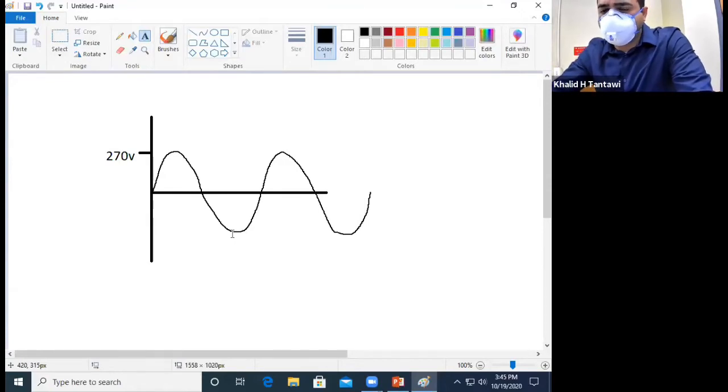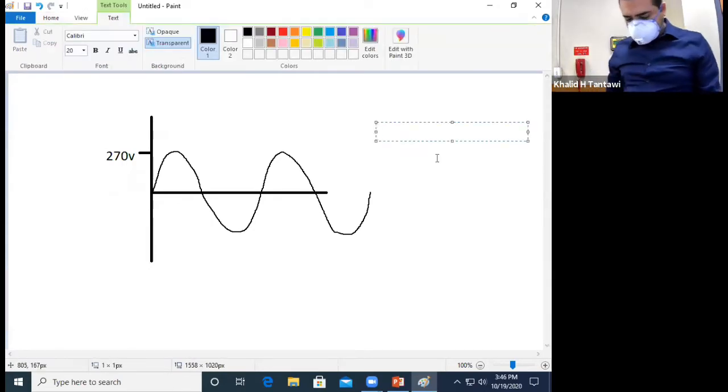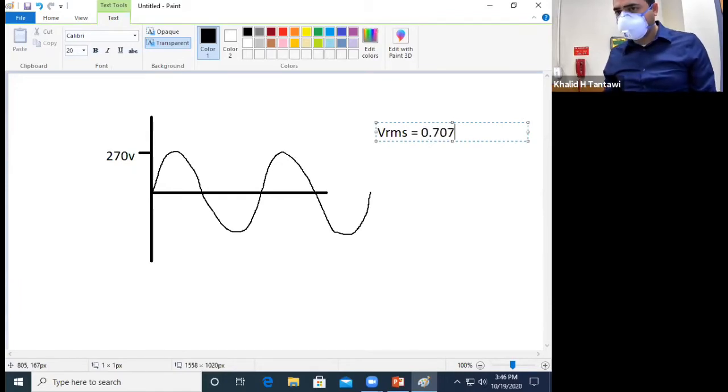So the question is, what is going to be the root mean square, the RMS voltage? VRMS is going to be equal to 0.707 multiplied by the peak value.